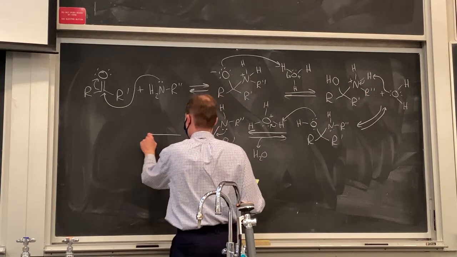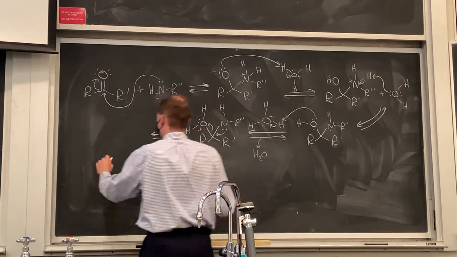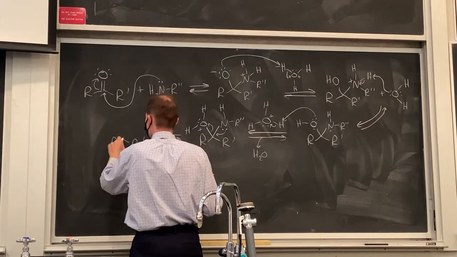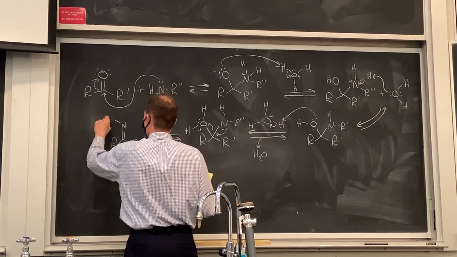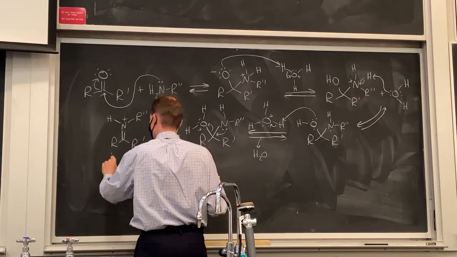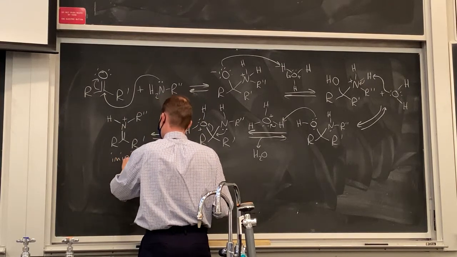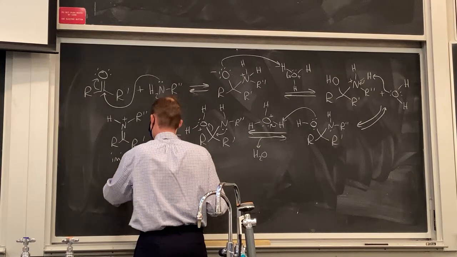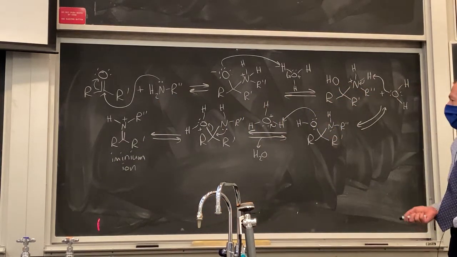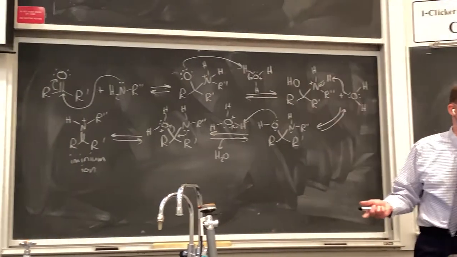That's going to give us an intermediate known as an iminium ion. This is called an iminium ion. It's a resonance stabilized species.